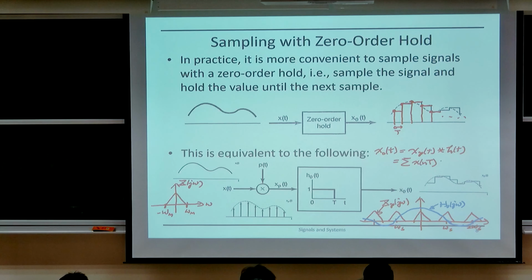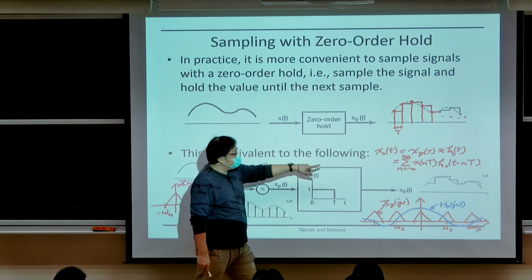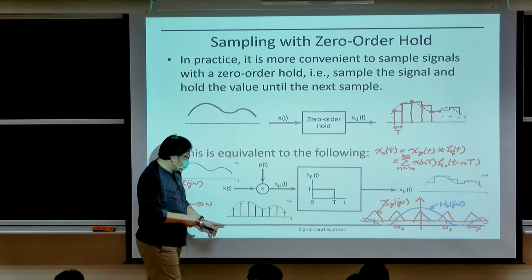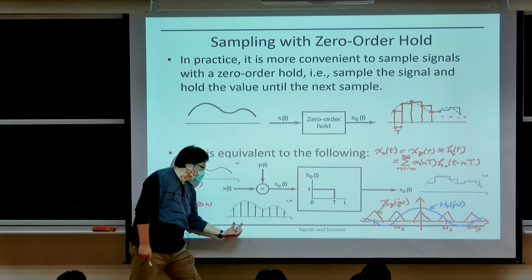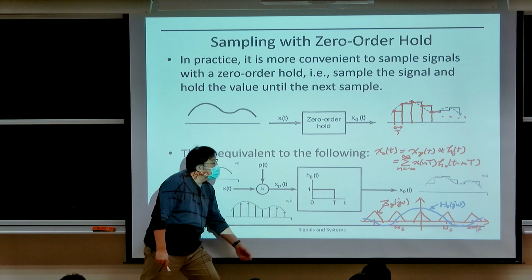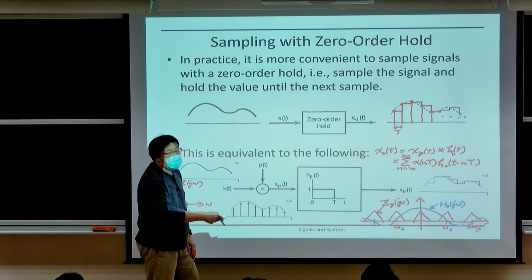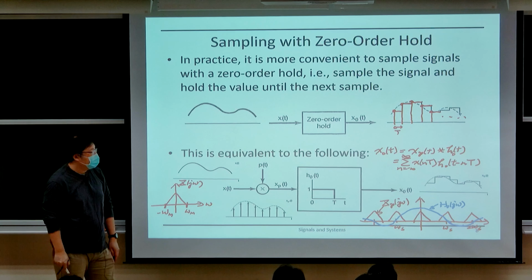But when convolved with h, this is h0, you get h0 moved to that point. So this is what we mentioned before: when you pass this through this filter, you're moving this to the positions of these impulses, each one scaled by the value of x at that point.